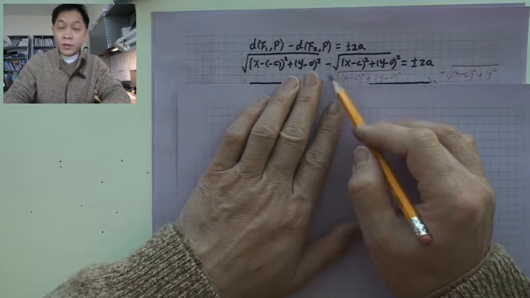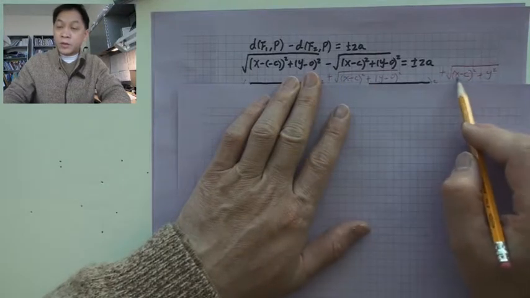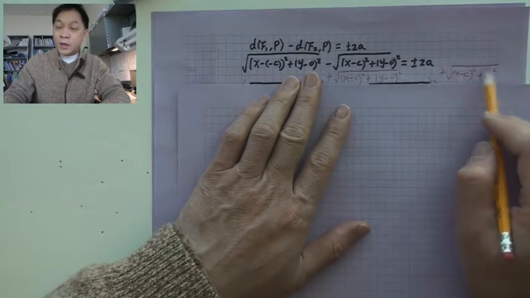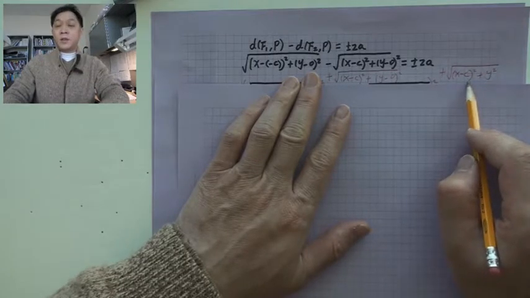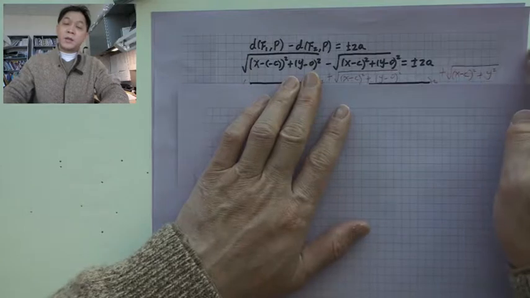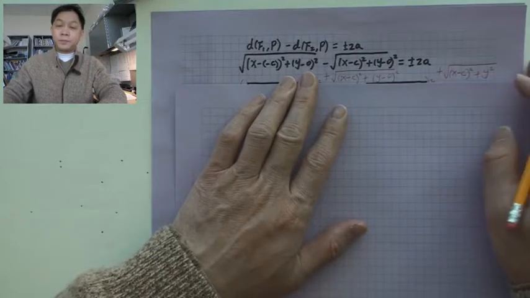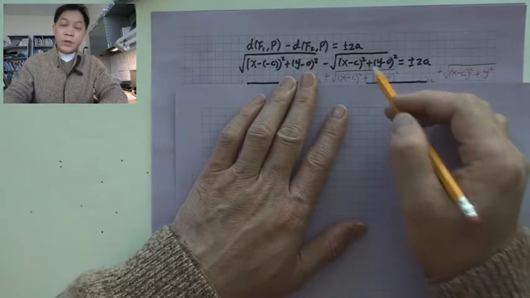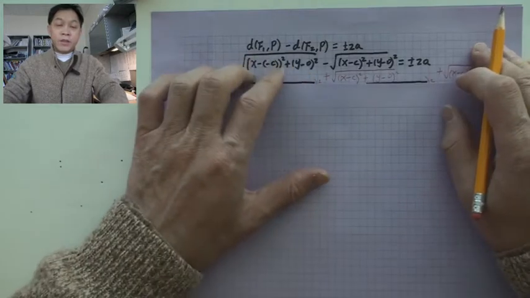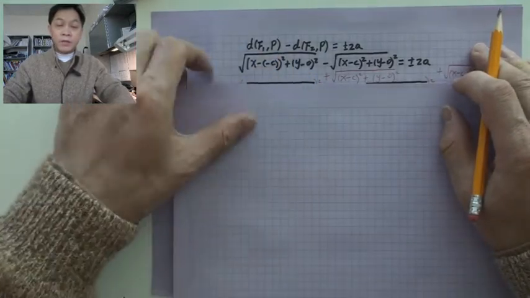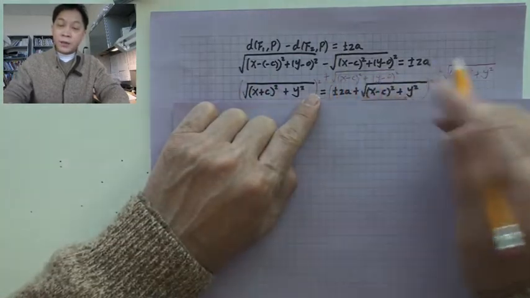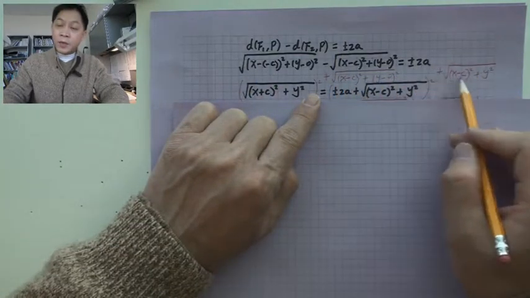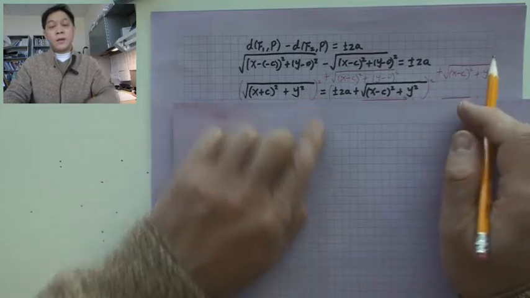Here was minus, so we want plus. Also add the same quantity on the right-hand side. Now those two cancel each other, so the left-hand side only has this left. The right-hand side has plus or minus 2a plus that one.